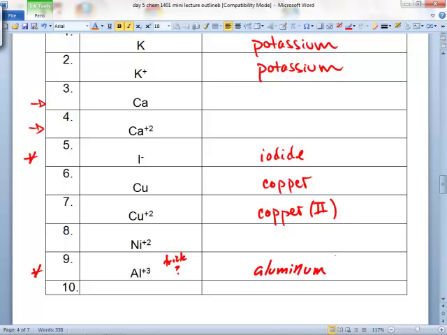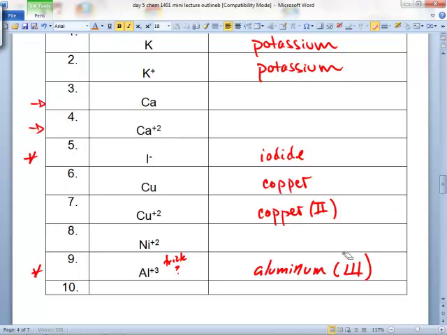It's not there, so you're supposed to write this, right? According to our little rules. But aluminum is one of those, it's a very rare metal. It and zinc, they're right next to each other diagonally. They don't have a choice. Aluminum is only plus 3, so it's just Al. Anything where it doesn't have a choice, you don't ever give its charge in parentheses. So that and zinc, you don't give the charge in parentheses. They're kind of the trick questions. Okay.